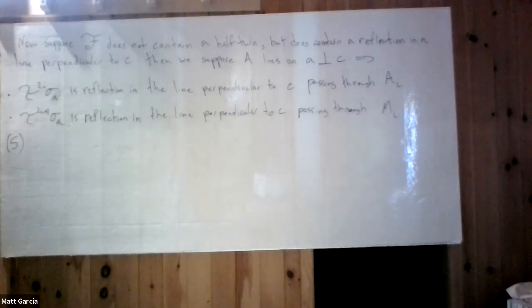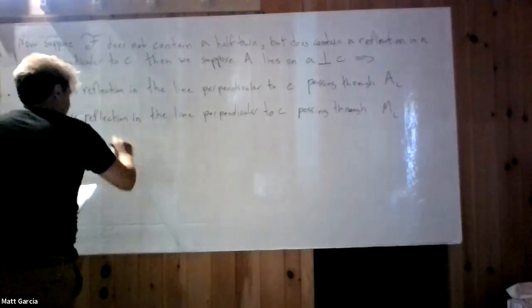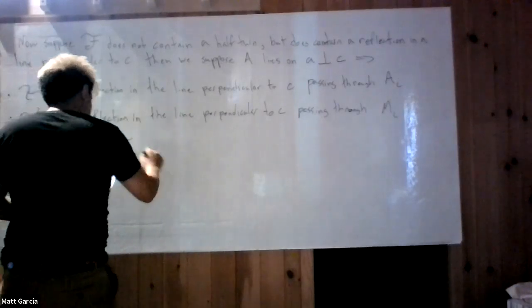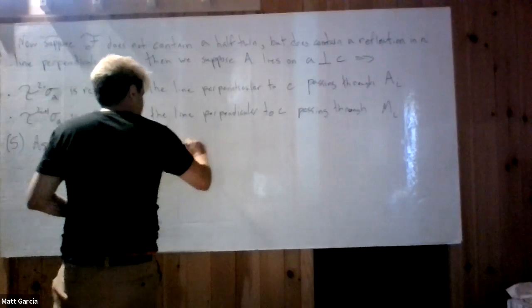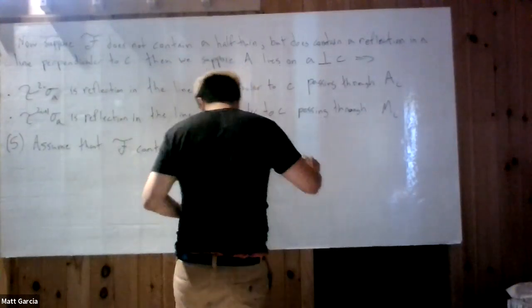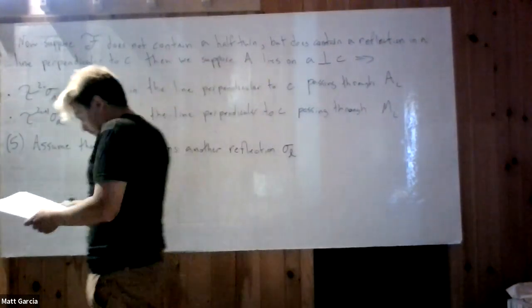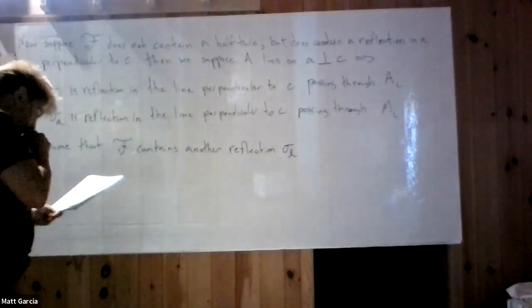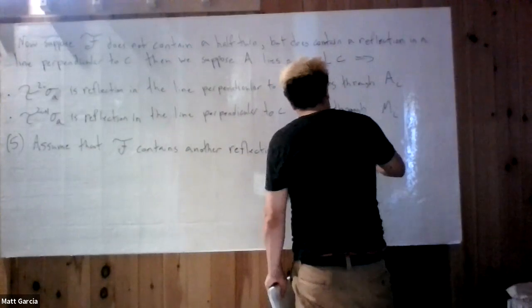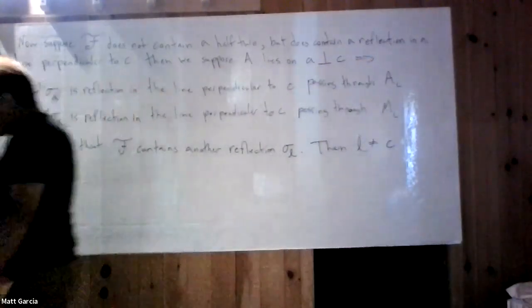Okay, so let's assume that F contains another reflection, sigma sub L. Then we know that L cannot equal the center C. Why is that?